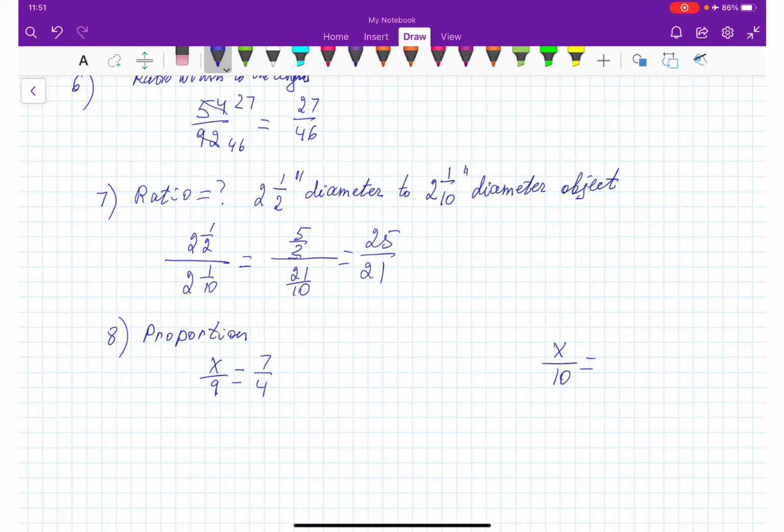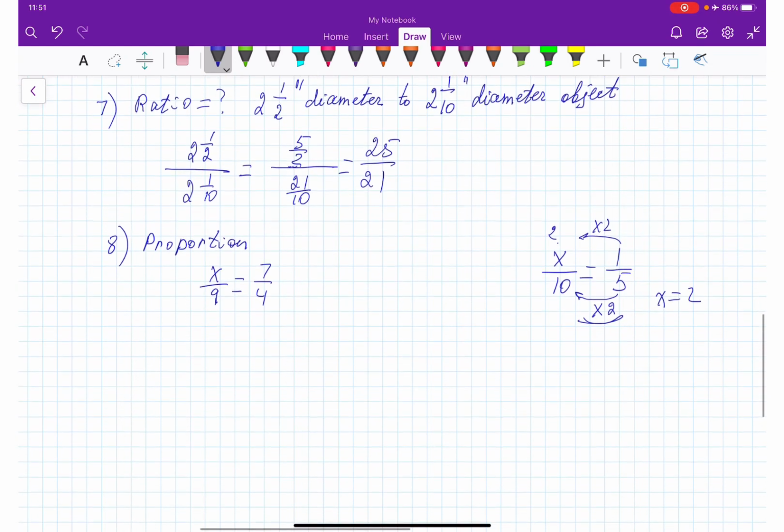Let's assume I have x over 10 is equal to 1 over 5, right? Here I can see 5, I can multiply by 2 to get 10. So I increased twice, which means the 1 also I have to multiply by 2. You see what I'm saying?